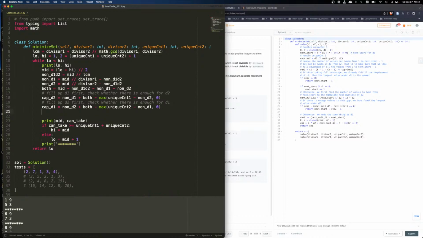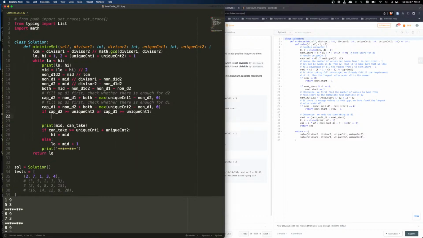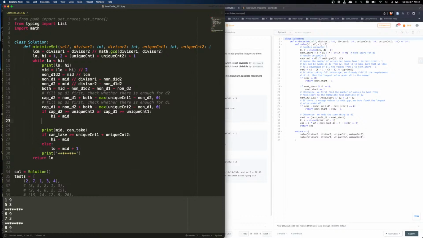Then we say if capacity d2, right, is larger or equal to unique count 2, or capacity d1 is larger or equal to unique count 1, if any one of those is good, then we can say high equals mid.